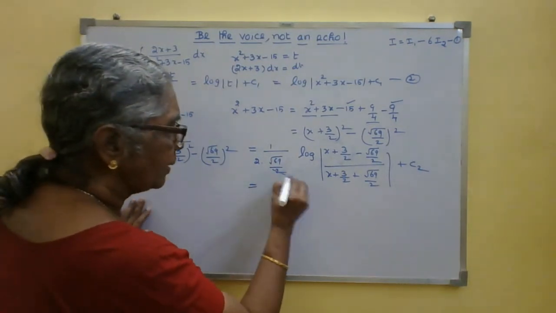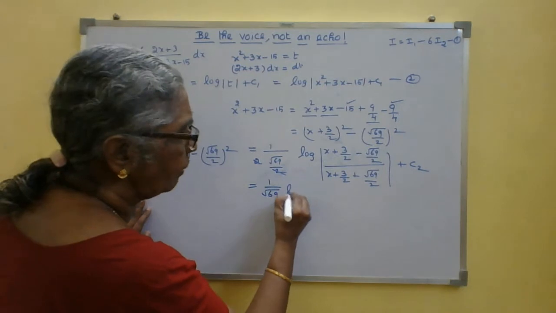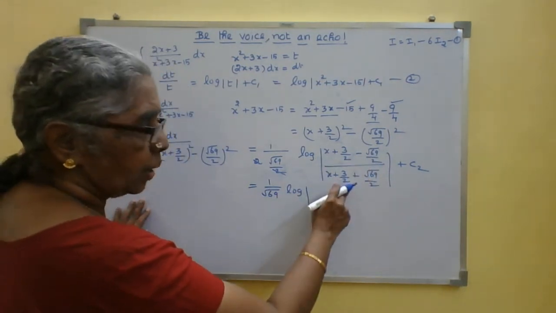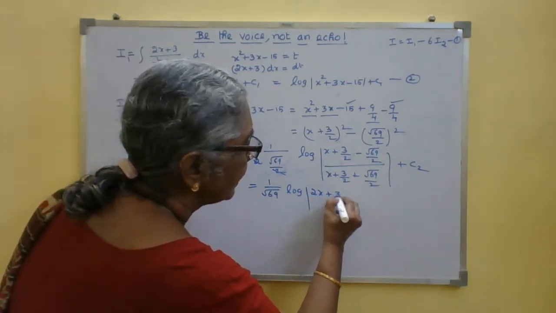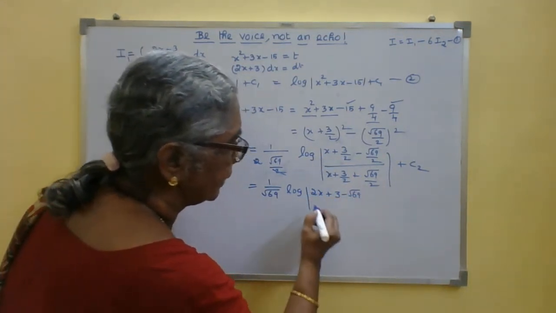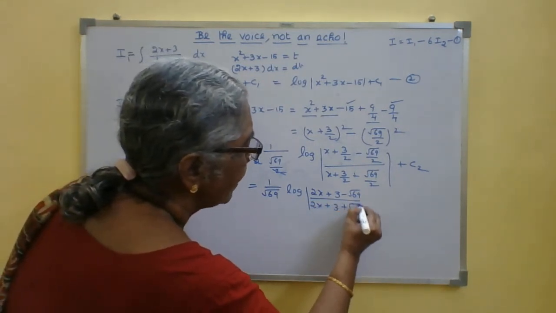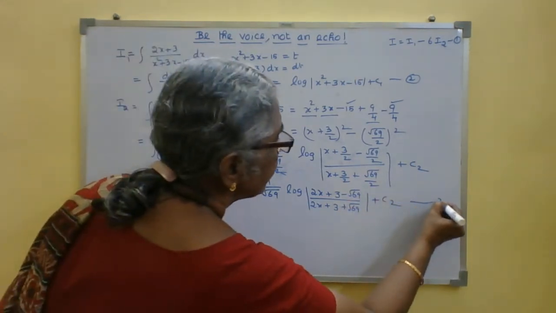This 2 and that 2 will go. So 1 by root 69 log mod, you take the LCM here, here also 2, that 2 will get cut. You will be getting now 2x plus 3 minus root 69 divided by 2x plus 3 plus root 69 plus c2. Mark this as step 3.